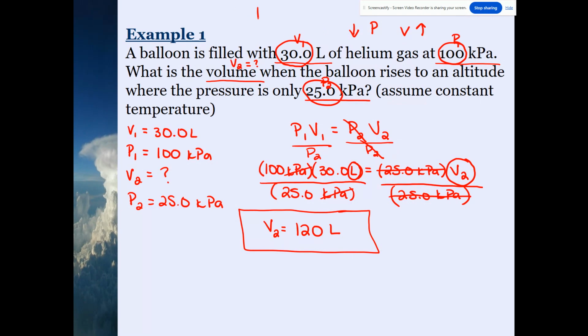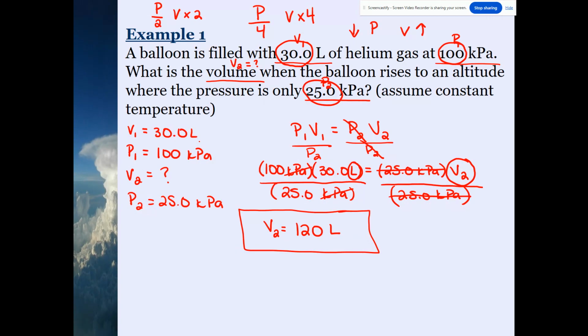So if my pressure is going down by 4, that means my volume should be going up by a factor of 4. Okay, that's what the inverse relationship means. If I take my pressure and cut it in half, my volume will double. So whatever the pressure is being divided by is what the volume is being multiplied by.